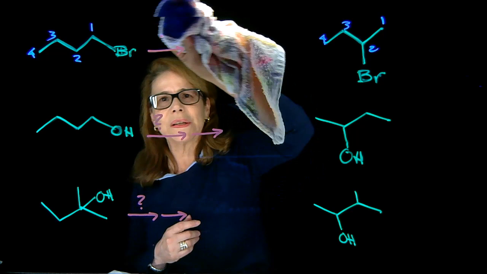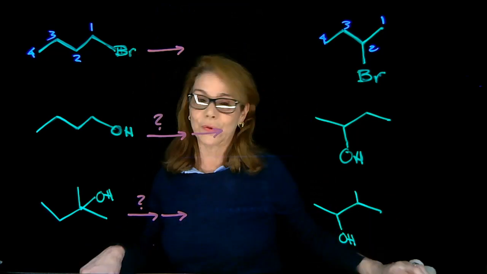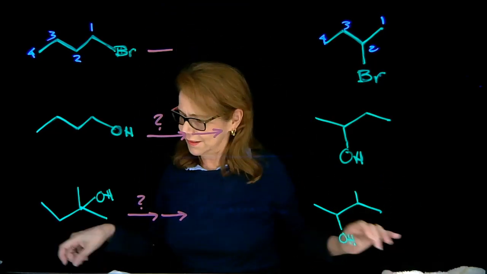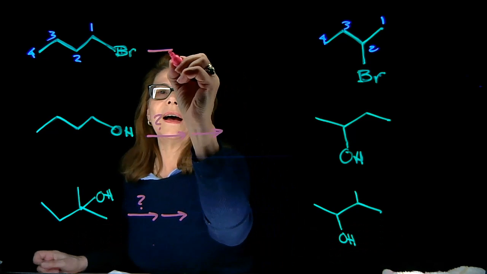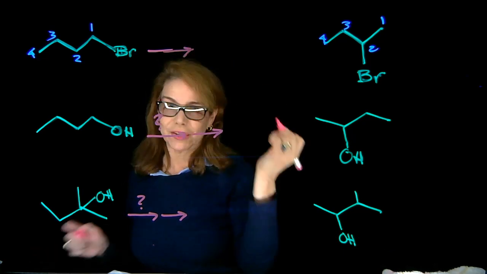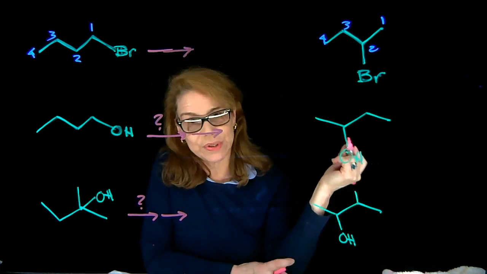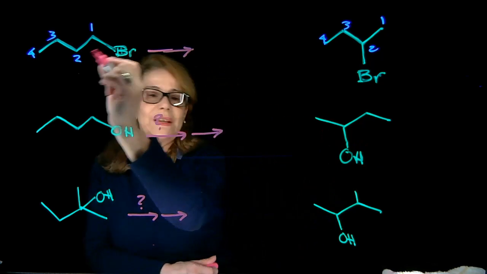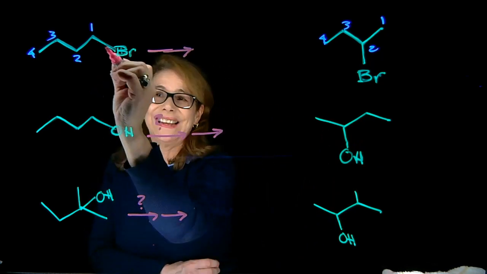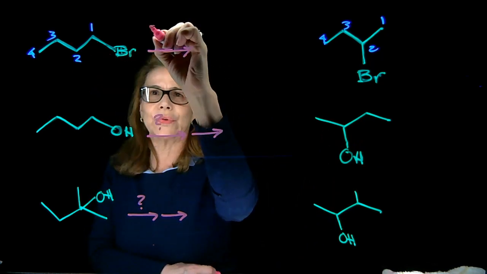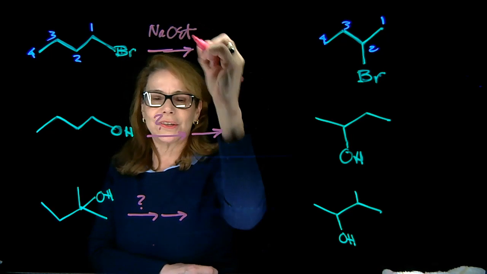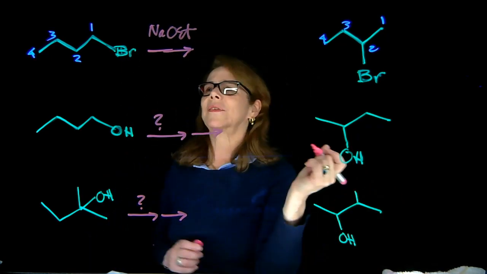So to accomplish that, what we're going to do first is an elimination reaction. And to do that, I can do an E2 reaction, and in E2, we have choices of bases. But since this is fairly simple, elimination is at the end. I'm simply going to use, say, sodium ethoxide, or I can use sodium methoxide, for example.